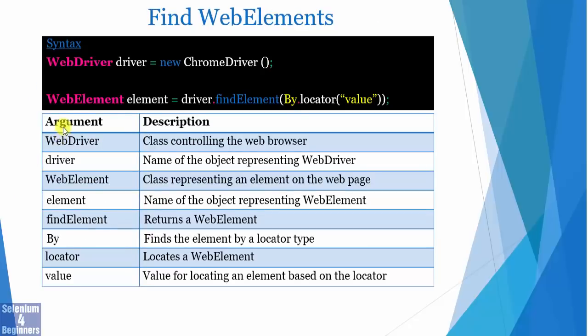We see WebElement as the class and element as the object, followed by driver.findElement. So far, we started with driver.findElement. WebElement only needs to be declared with an object if we plan to perform more than one action on an element.